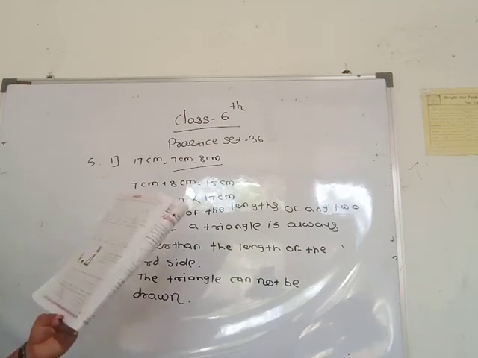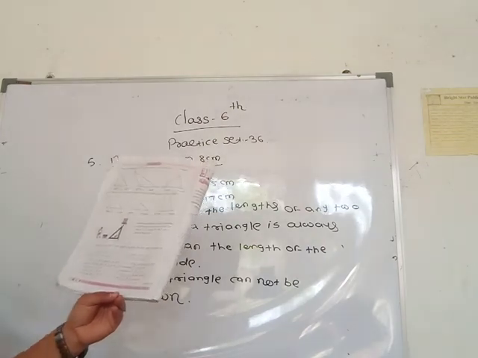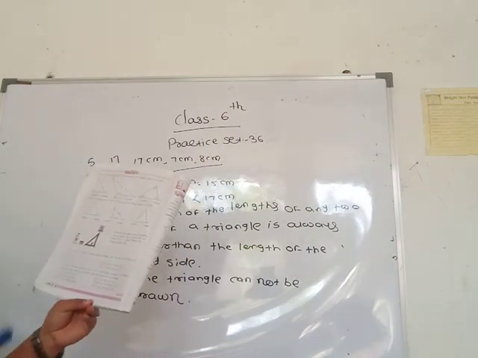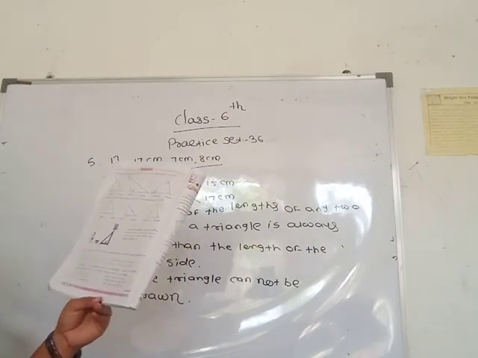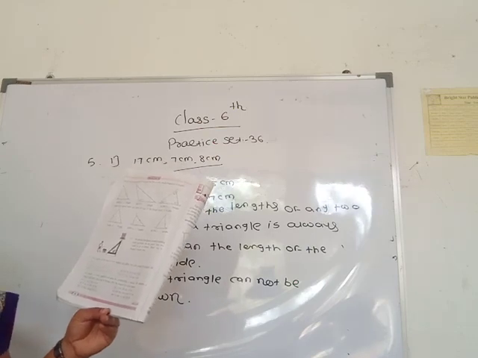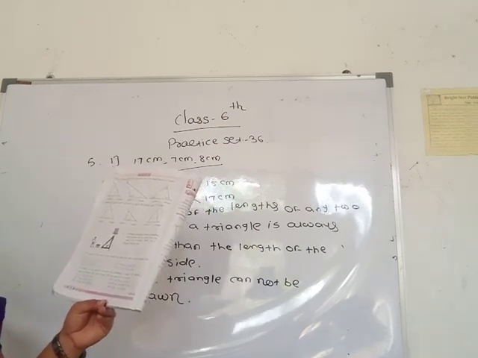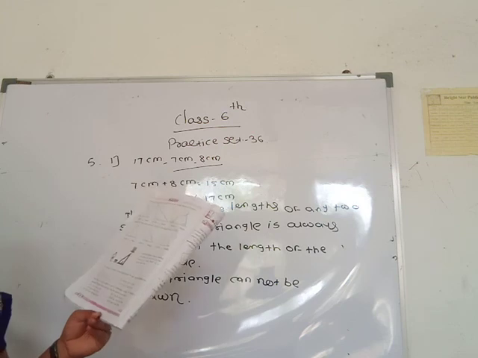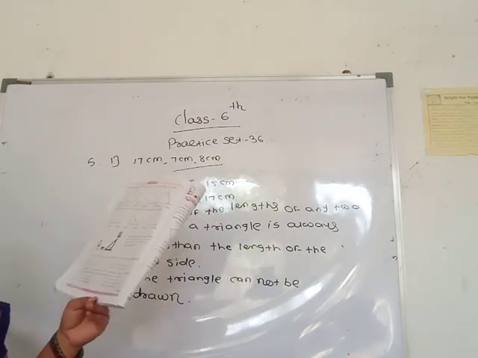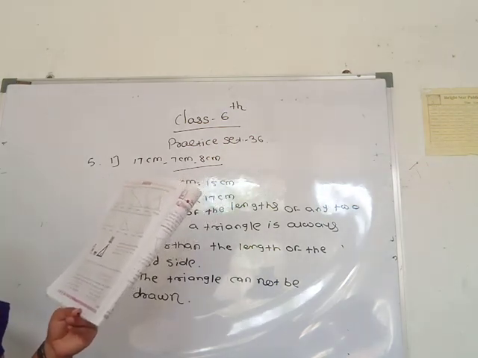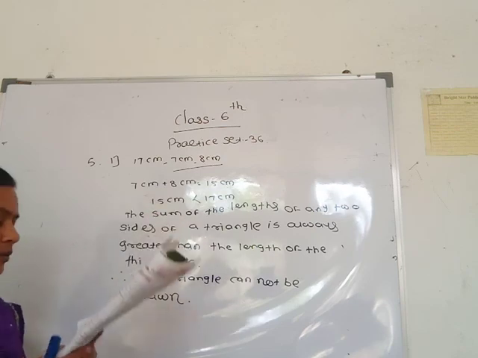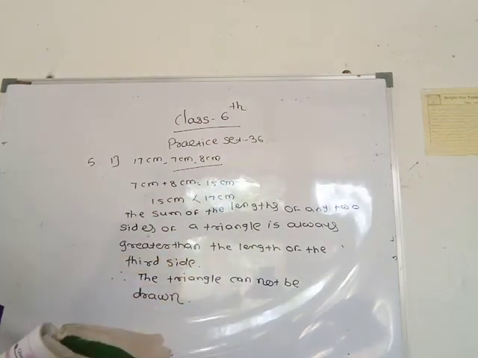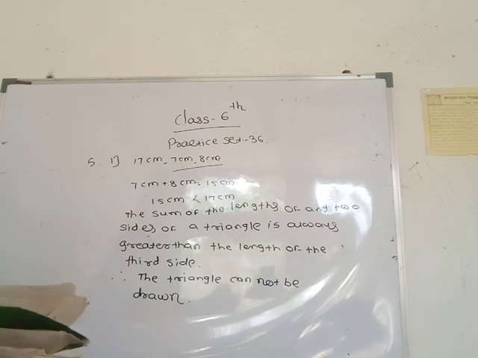Third one: 9 centimeters, 6 centimeters, 16 centimeters. Adding the two shorter sides, 9 plus 6 is 15. 15 centimeters is less than 16 centimeters. Therefore, a triangle cannot be drawn. In this type, you do the addition and find whether a triangle can be drawn or cannot be drawn.